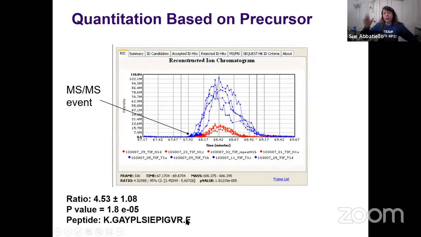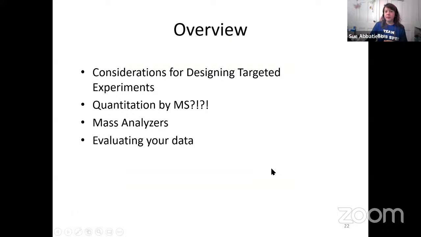And then from all of these, you might only get good MS2 spectra for 1 or 2 of these individual runs, but if it aligns with the mass to charge and the retention time and the charge, then you may be able to quantify and just assume it's the same peptide. It's not always the case, but this software gave information to allow some of these assumptions to be made.